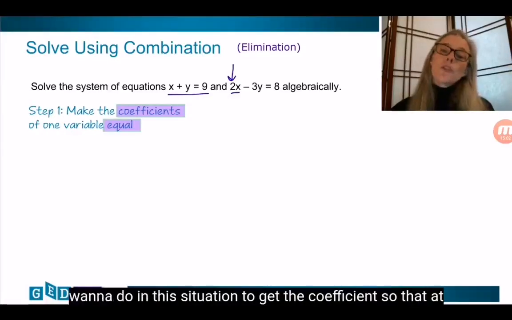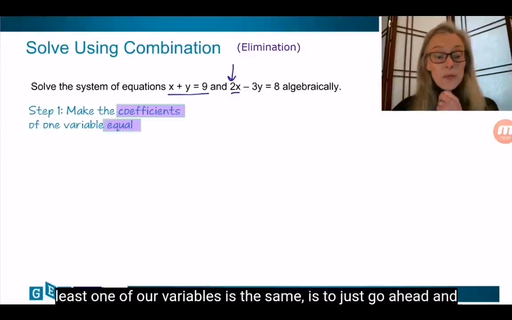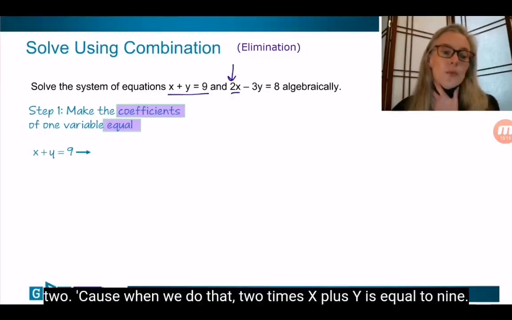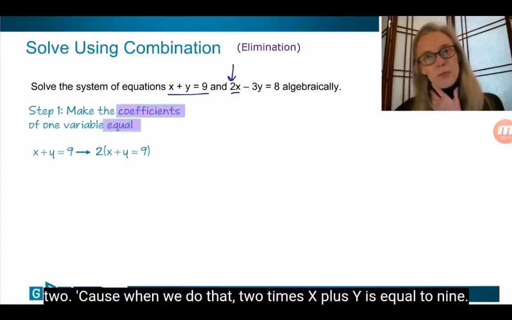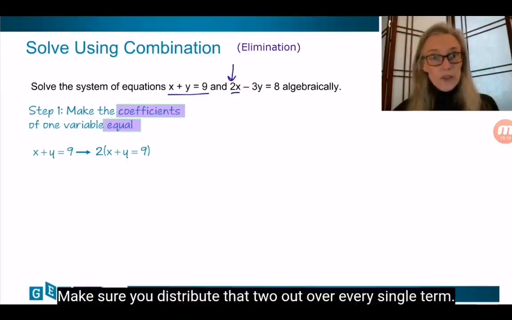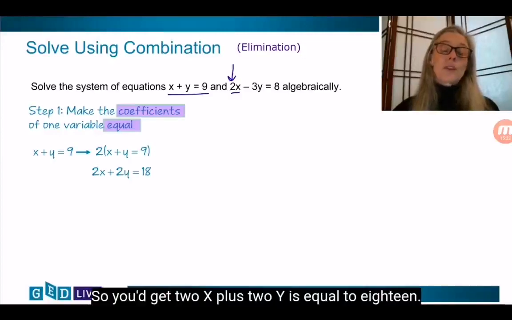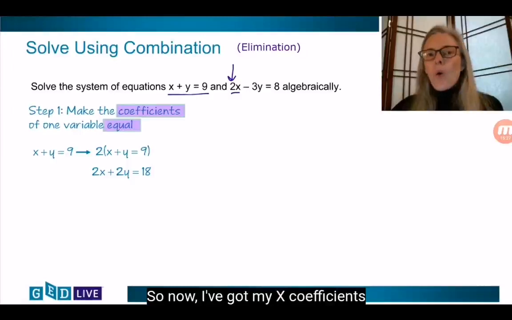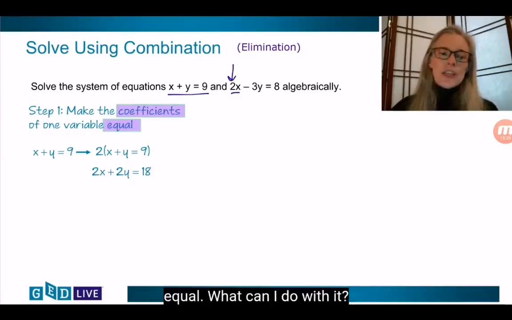So what we're going to want to do in this situation to get the coefficients of at least one of our variables the same is to multiply that simple equation, x plus y is equal to 9, by 2. Because when we do that, 2 times x plus y is equal to 9, make sure you distribute that 2 out over every single term so that you get 2x plus 2y is equal to 18. So now I've got my x coefficients equal.